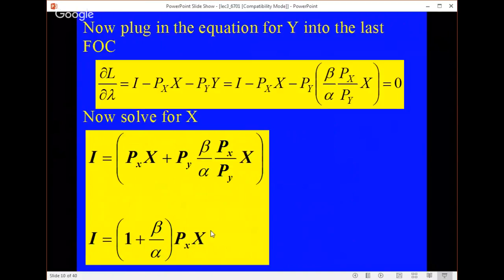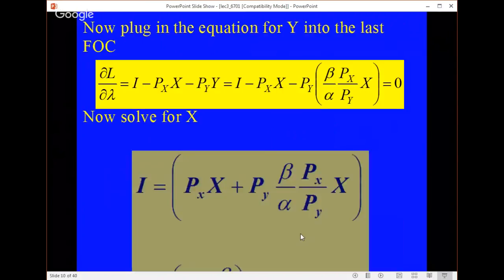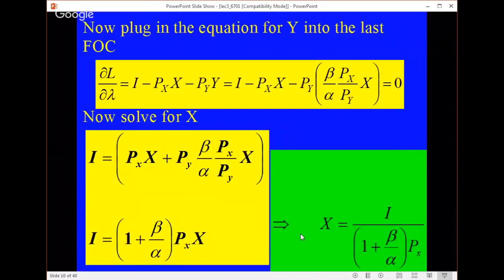That's I. Now I just get x on the left-hand side by dividing by this thing, 1 plus beta over alpha, px. And that gives me x equal to I over 1 plus beta over alpha, px. This is my Marshallian demand function. This is my demand function for x.